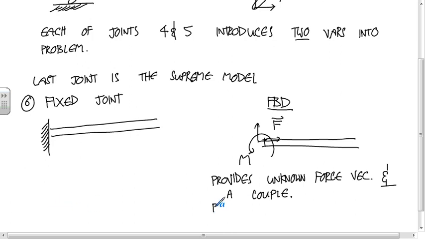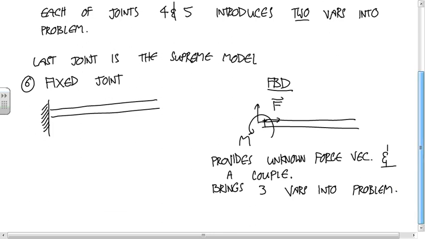And so this brings 3 variables into the problem. Any questions about any of those? So those are the 6 types of joints that we're going to see over and over again in 2D problems.